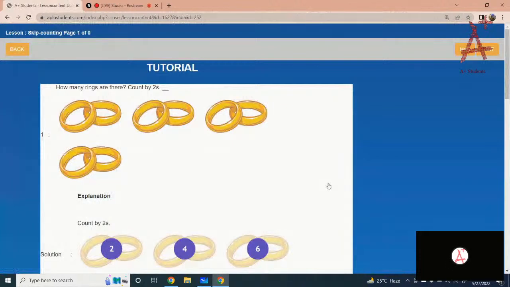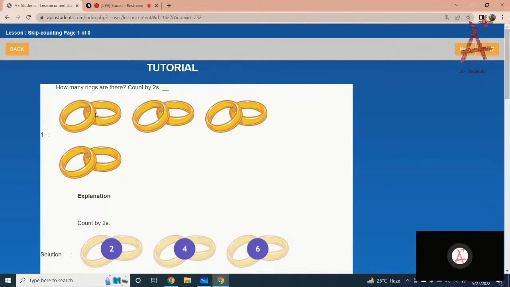So, okay, how many rings are there? Count by twos. Count by twos means in each set you have two of them. Got it? You don't need to count like 1, 2, 3, 4, 5, 6. Skip counting means you have to skip some of the numbers. Got it? So each of them are by 2.